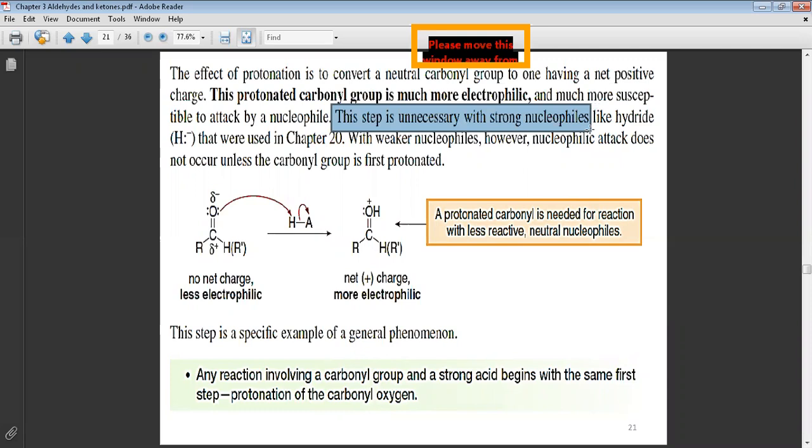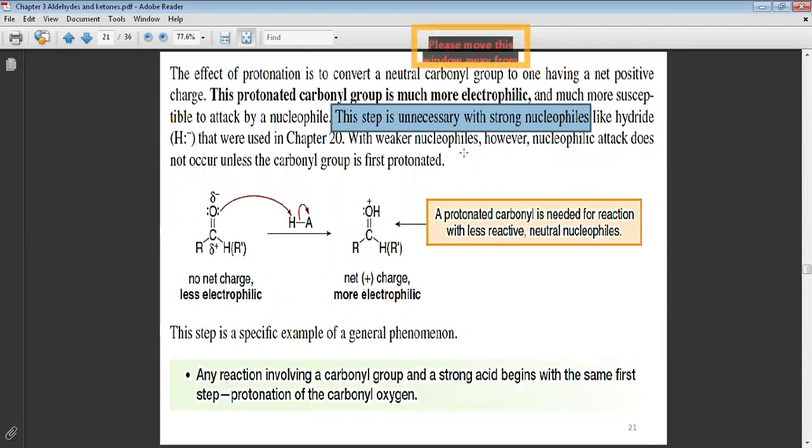It is necessary if you use a weak nucleophile, and then you have to add acid as a catalyst. But if you use a strong nucleophile, you don't need to add a catalyst, like hydride, which we will use in another chapter.